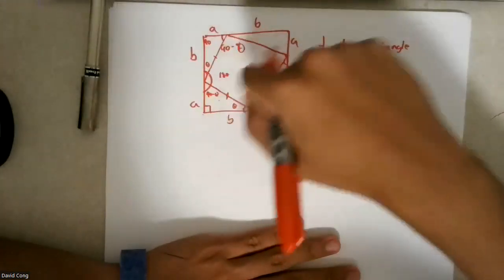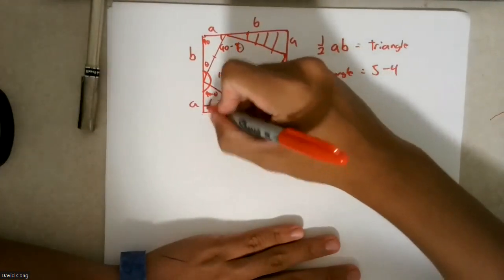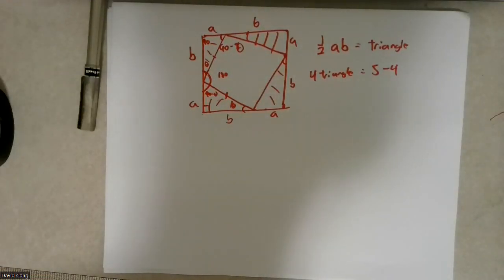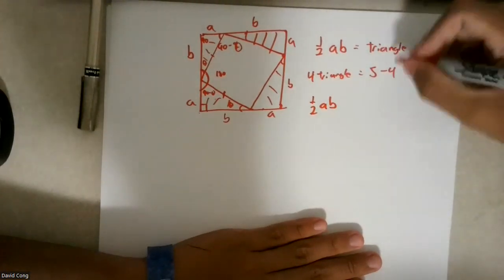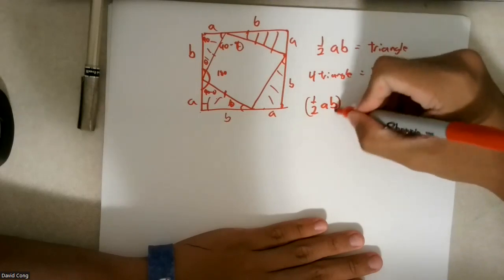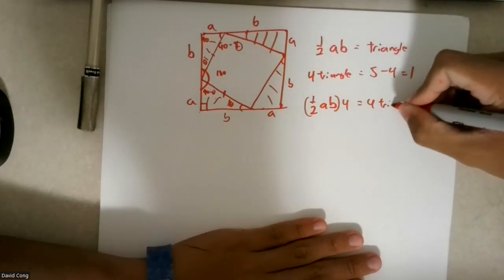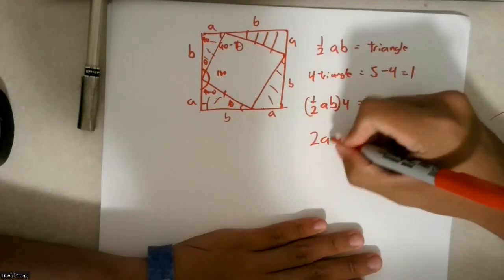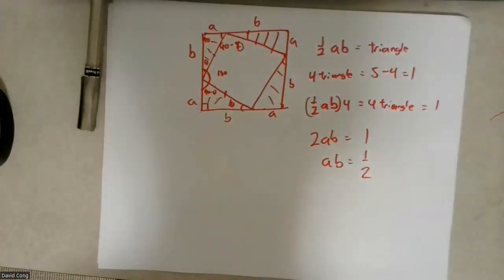Because this area is 5, this is 4, so this blank space, like all this, must be 1. So what do we have? 1/2 AB times 4 equals 4 triangles, which equals 1. So we have 2AB equals 1, so AB equals 1/2.